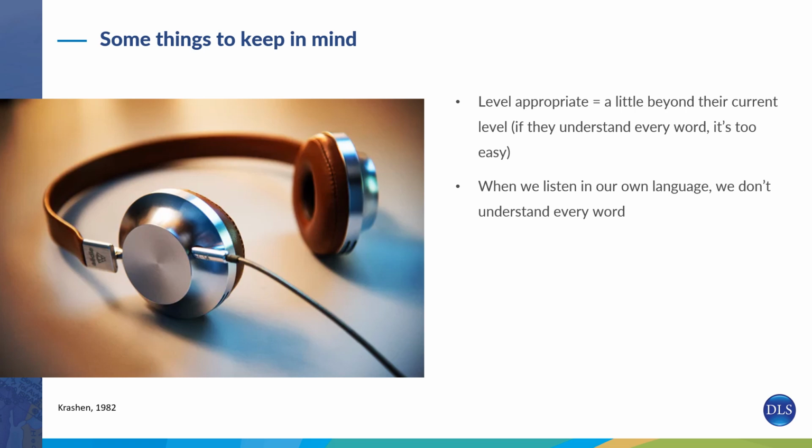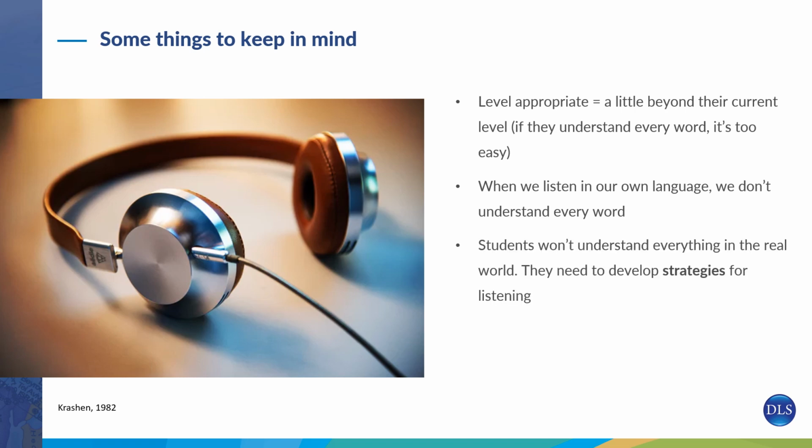And when we listen in our own language, we don't understand every word. The students definitely, when they go out into the world and listen, won't understand everything. So we want to help them develop strategies for extracting meaning even when they don't understand everything.